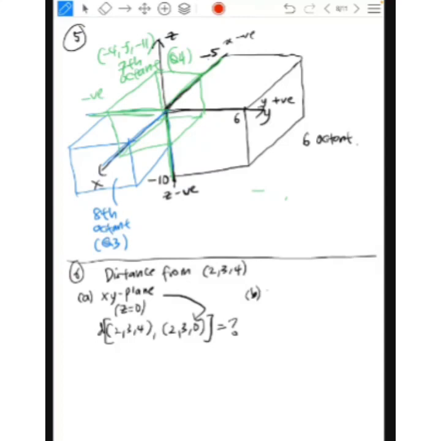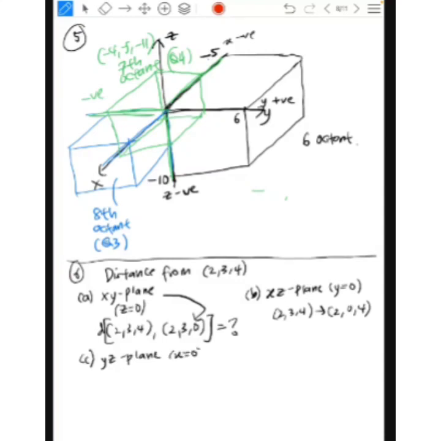The same goes for B. B is on the XZ plane. The XZ plane is where y equals 0. So from 2, 3, 4 to 2, 0, 4. And then the YZ plane. The YZ plane is where x equals 0.